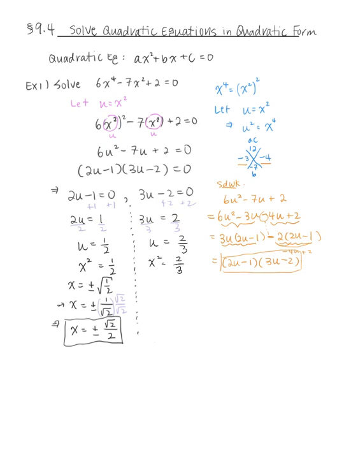Now we take the square root on both sides by applying the square root property. Then here you're going to have x equals plus or minus the square root of 2 over 3. So this implies that we're going to have plus or minus the square root of 2 over the square root of 3. But we need to rationalize.